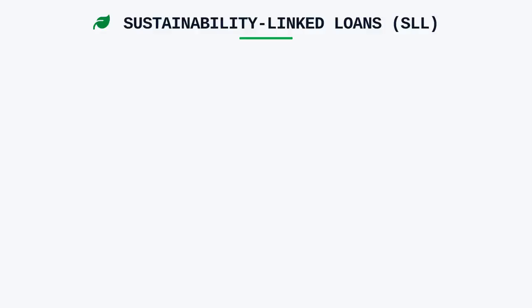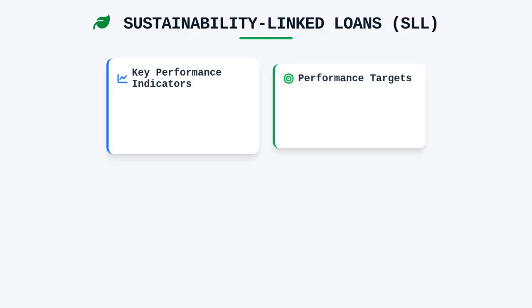The structural integrity of a sustainability-linked loan relies heavily on the definition of key performance indicators and the calibration of sustainability performance targets. These indicators serve as the measurable metrics, such as a reduction in Scope 1 and 2 greenhouse gas emissions or a specific percentage increase in renewable energy sourcing.